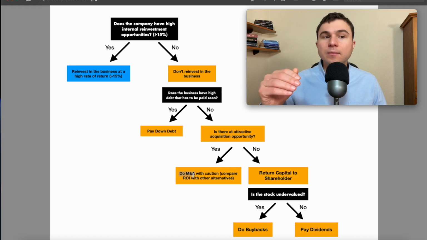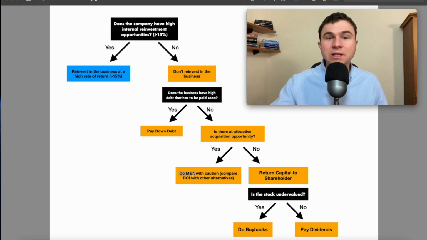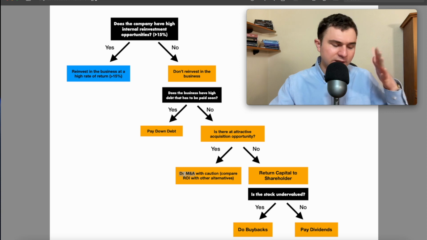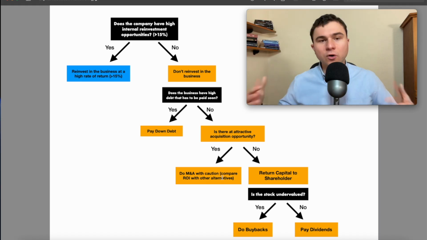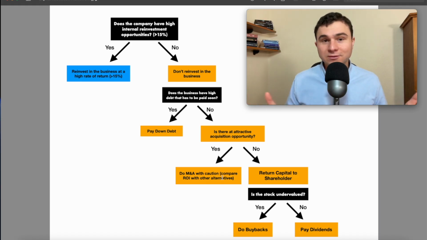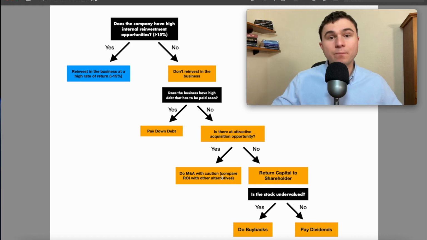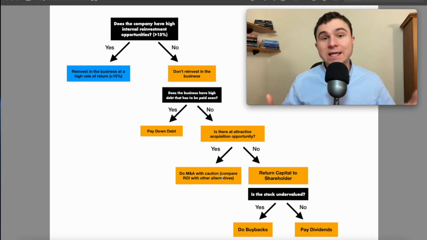That's how companies think. Good capital allocators must think. If you have a good opportunity, you assess the risk reward, you do the M&A with caution. You always compare the return on investment, the ROI, with other alternatives, paying debt or reinvesting. I would not like to invest in companies with a lot of M&A activities, but some of my viewers like M&As.